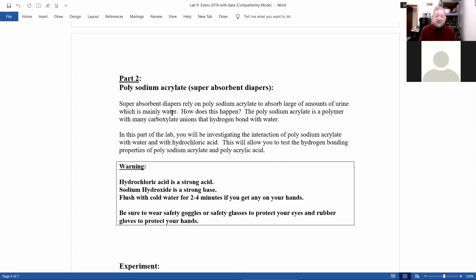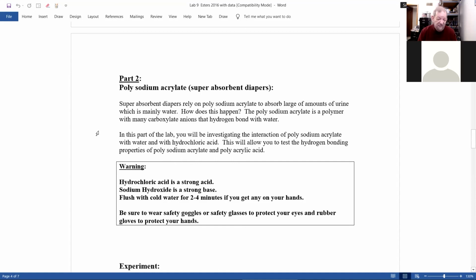And it's a billion-dollar industry. I mean, super absorbent chemicals, also known as polysodium acrylate, are used in the diapers.